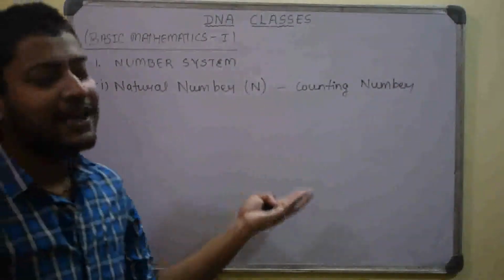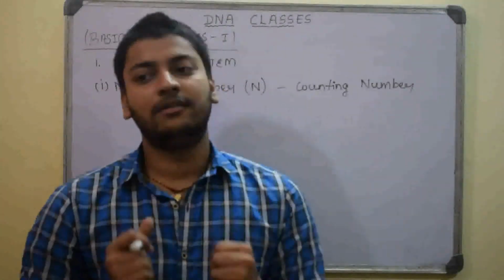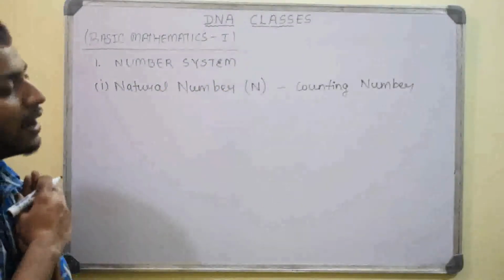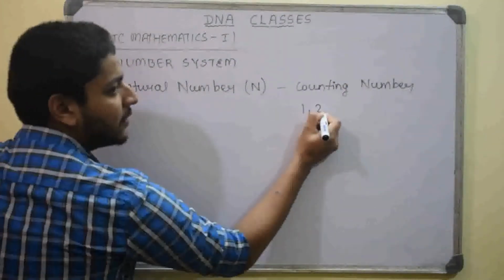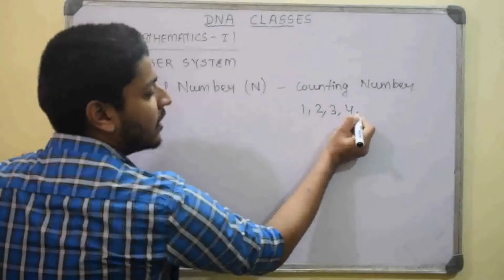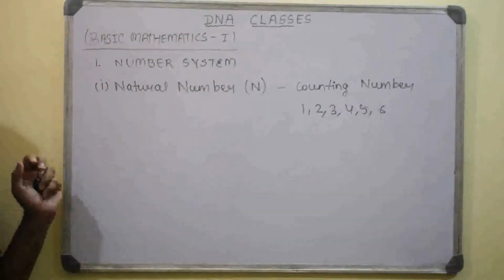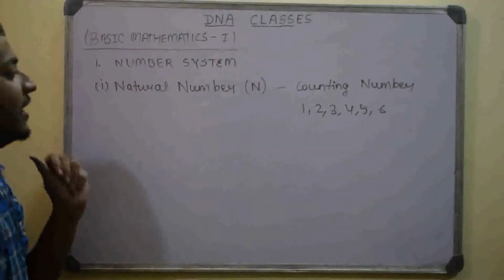Now if it is a counting number, we will start with 1, 2, 3 and we will go till infinity. So natural number starts with 1, 2, 3, 4, 5, 6, 7 and goes up to infinity.